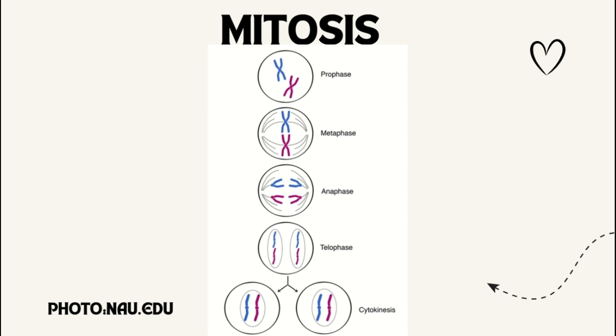The cell is just in there growing, getting ready to divide. In interphase, we're going to have DNA replication taking place, and we're going to have the cell growing and then growing some more. That's really interphase, right? So the cell spends a lot of time in that stage.